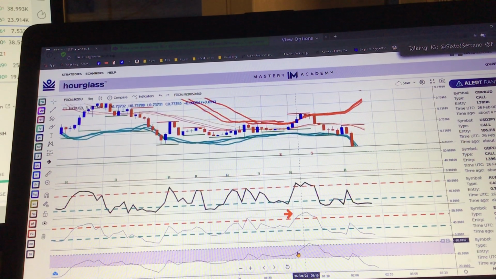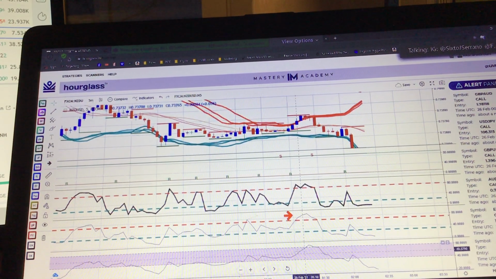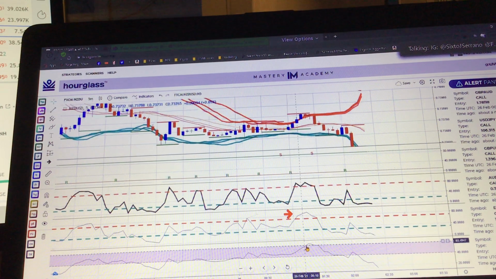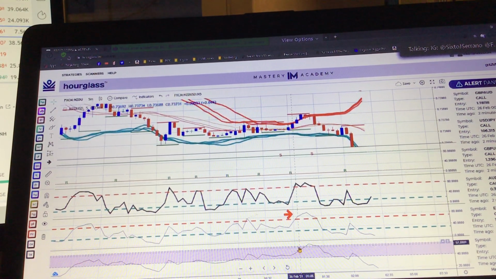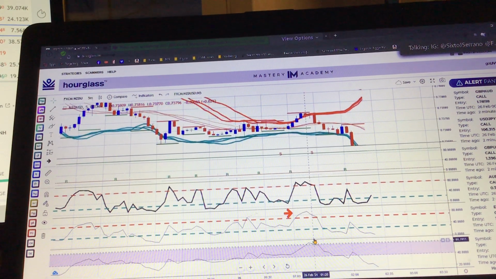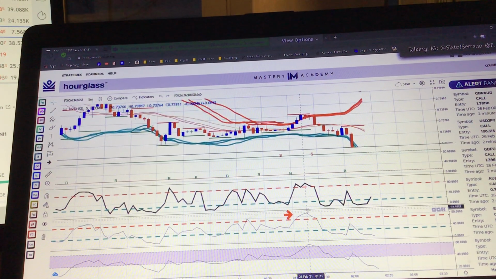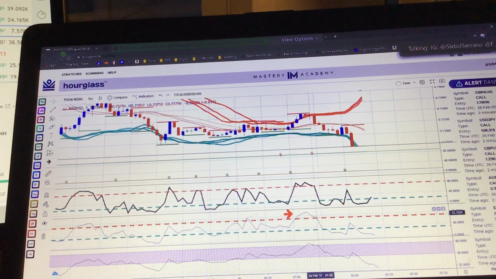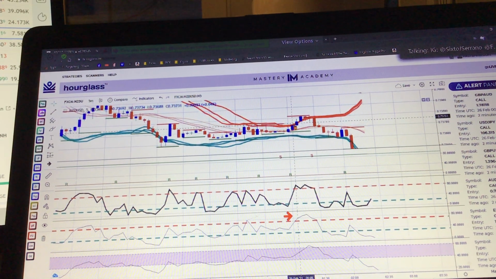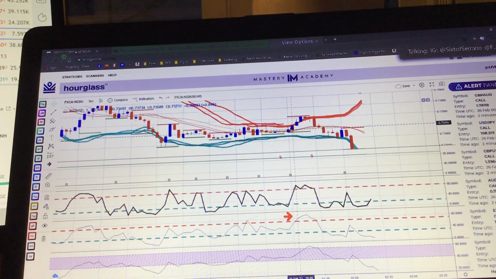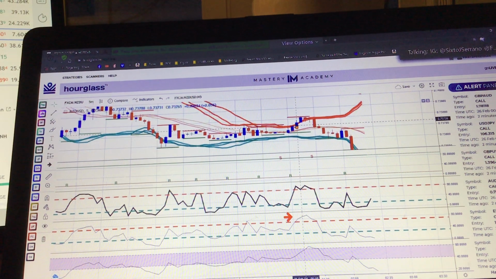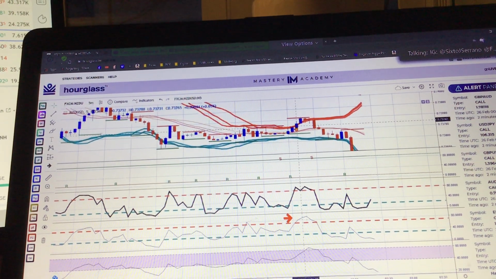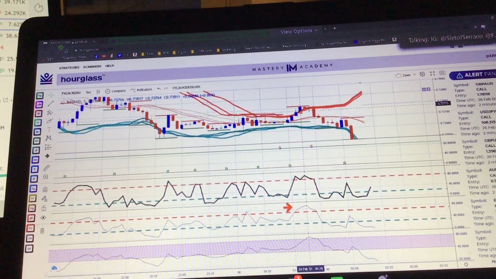Okay, it's in an upward direction. It's pointing up. It isn't pointing down. It could still break above my 60 zone, which is the top line here. Okay, so if I see that it stays above the red dotted line, then I know that the momentum of the market is still gonna go on just a bit longer.